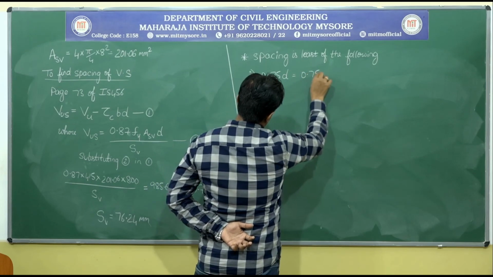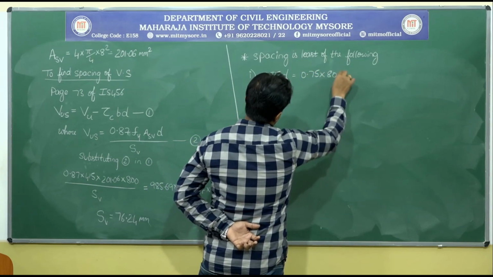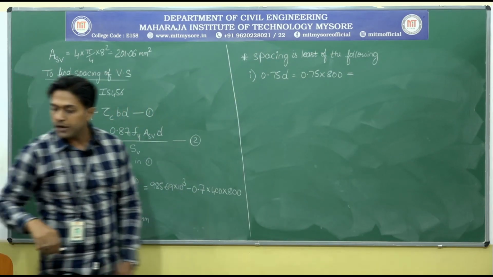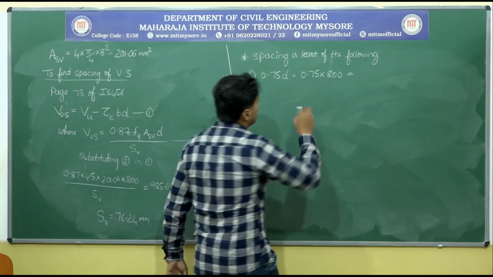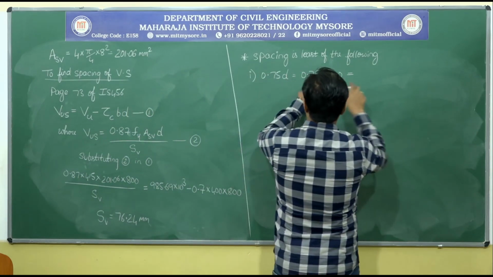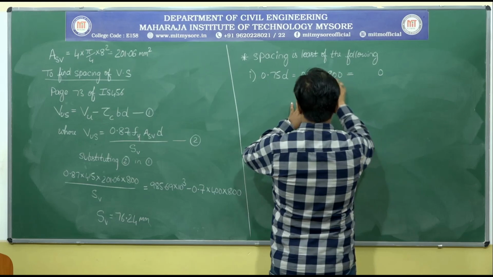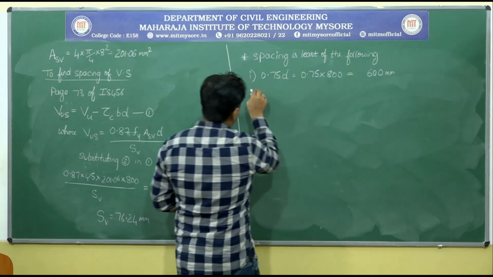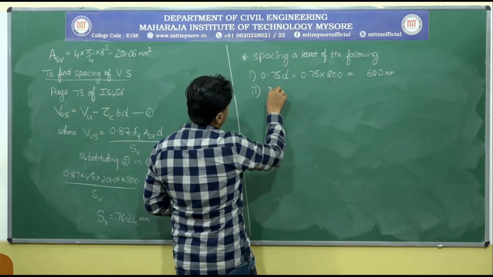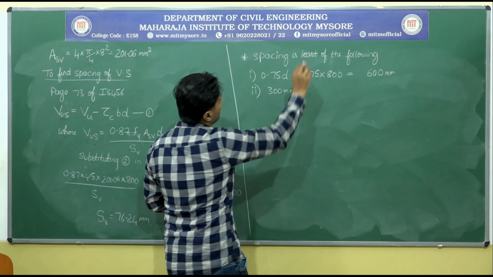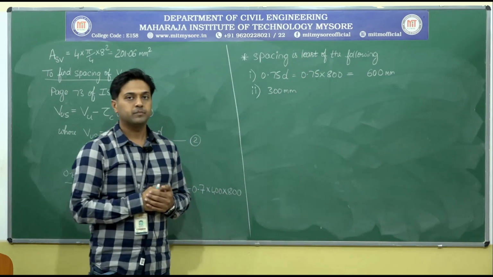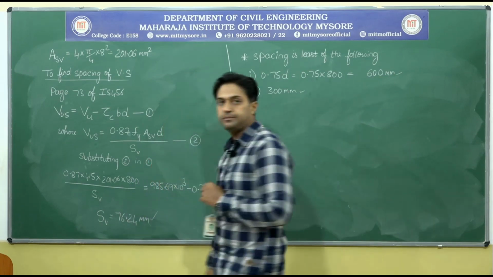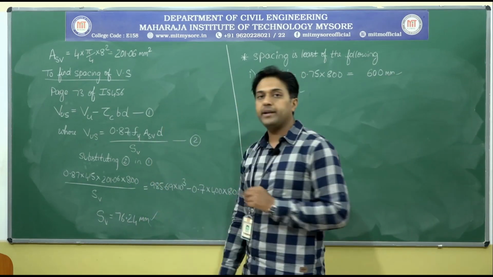So 0.75 times the effective depth, 800. So the value that we are getting is 562.5. Just a minute. 8 5s are 40, 4 carry, 8 7s are 56, 60. So 600 we are getting, not something else. So the second one is 300 mm. Okay. So out of these, which is least? It's 76.24.